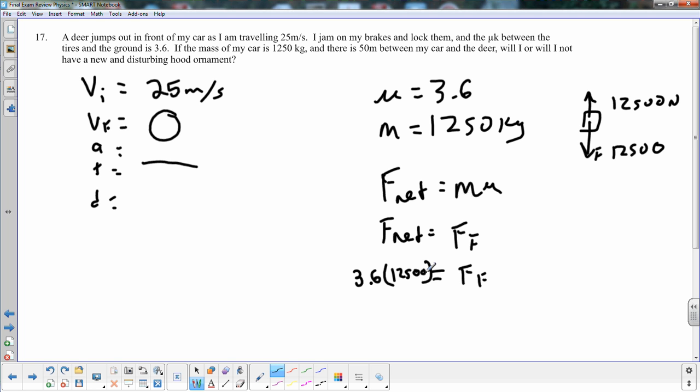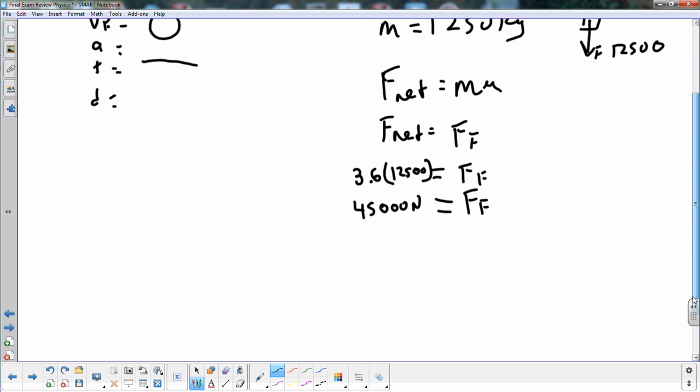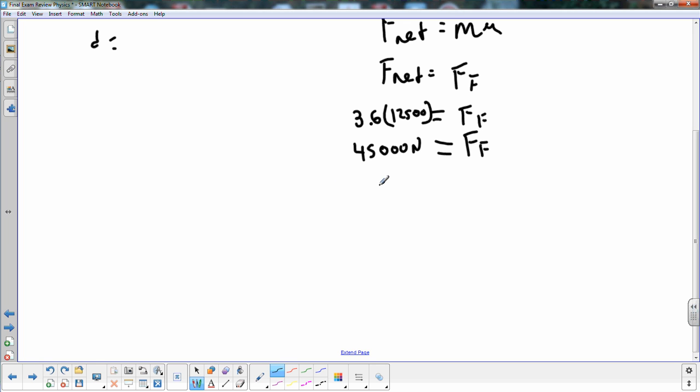This is kind of important. 45,000 newtons equals ma, because we're also dealing with F net, which equals ma. 45,000 newtons equals 4,500 kilograms times the acceleration. So our acceleration is going to be 10 meters per second squared.